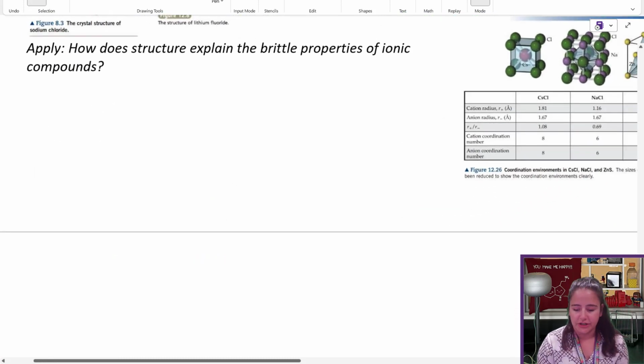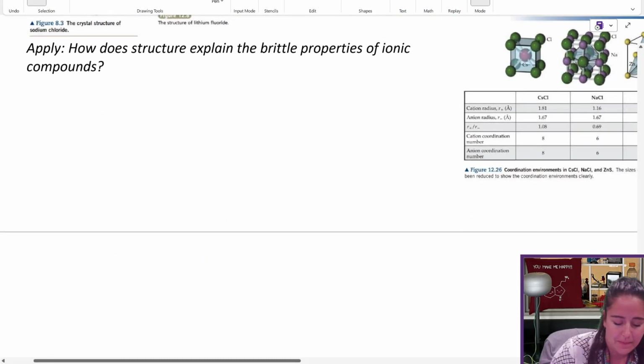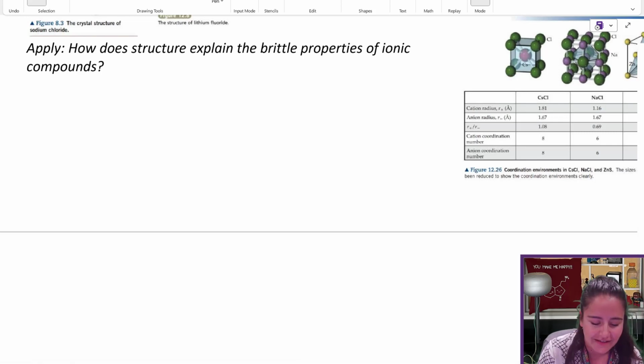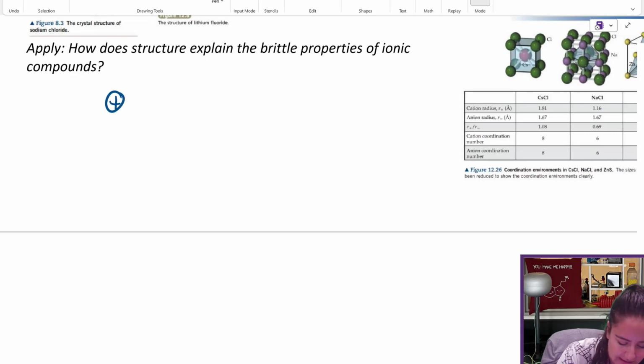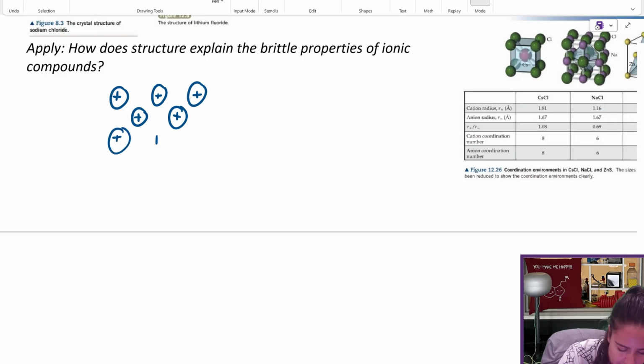So how does the structure help explain the brittle properties? We talked about this a little bit in our last lecture, but what you can picture is, say I have all of these positive charges. This is going to be my sheet of metal, or sheet of salt.